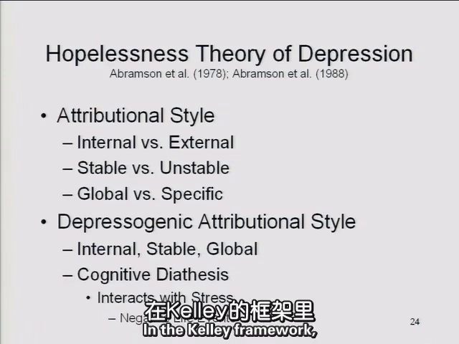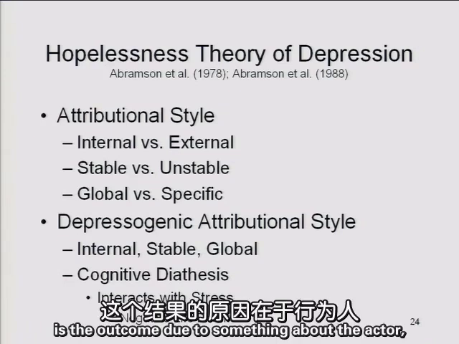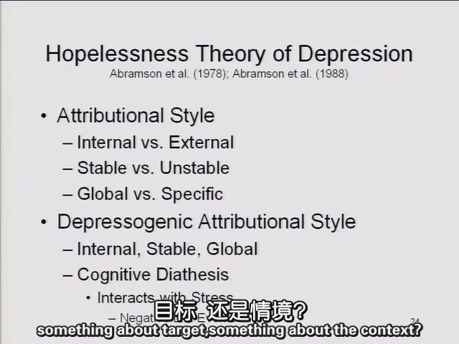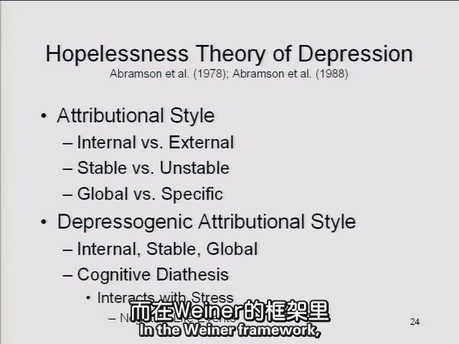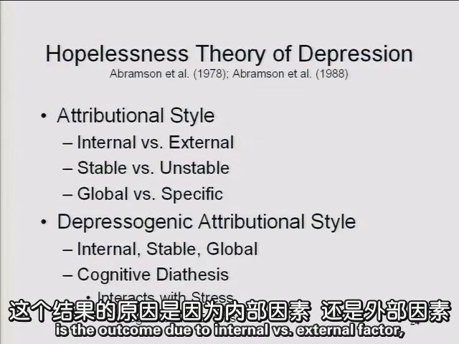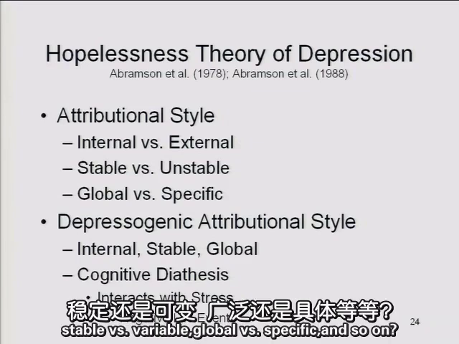In the Kelly framework, is the outcome due to something about the actor, something about the target, something about the context? In the Weiner framework, is the outcome due to internal versus external factors, stable versus variable, global versus specific, and so on. Okay.